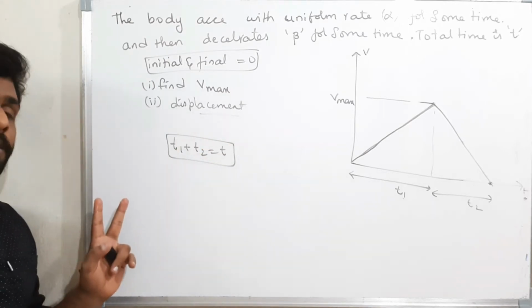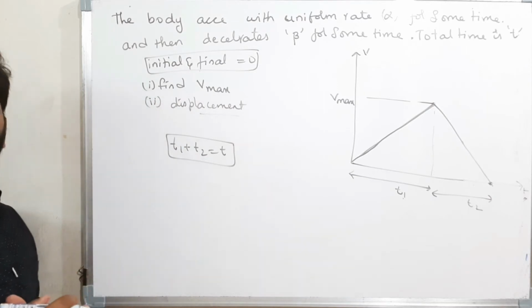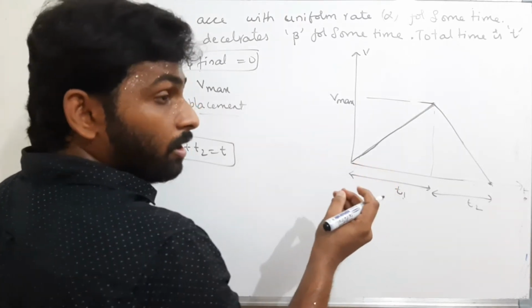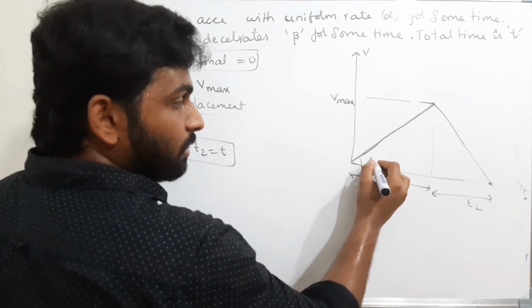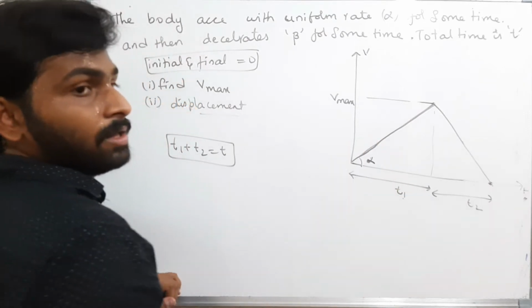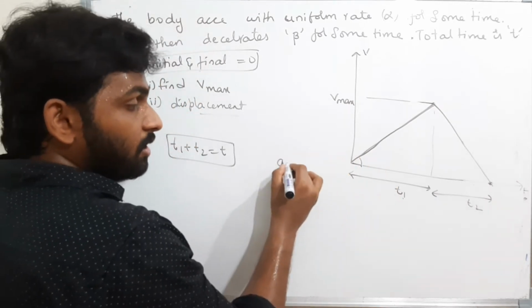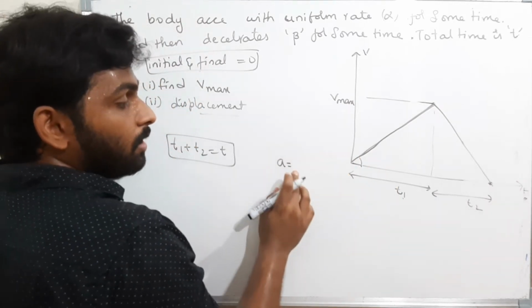Fine. They told us to find the maximum velocity. How can I find the maximum velocity? What is acceleration? This angle theta is nothing but alpha. Now observe carefully what I am doing. Acceleration is equal to change in velocity by time.